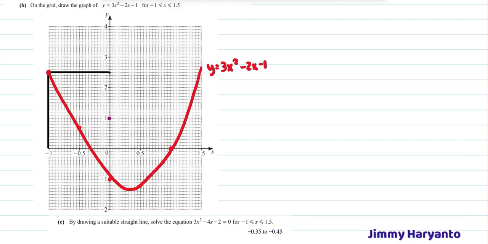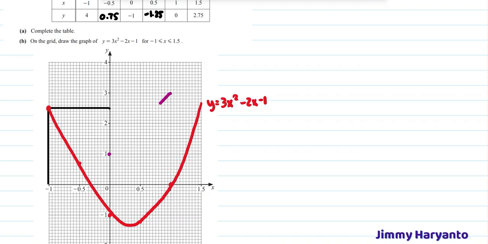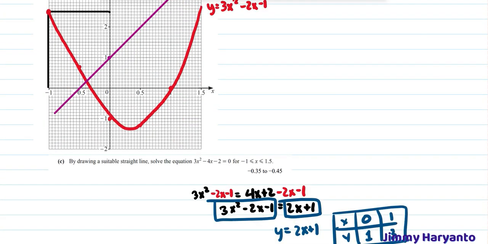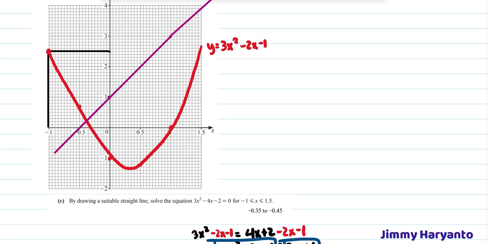It will be like that, and then drawing suitable lines of the equation. Okay. Solve the equation of this one. That means 0.4, 0.1, 0.2, 0.3, 0.4, 0.5. 0, negative 0.4.